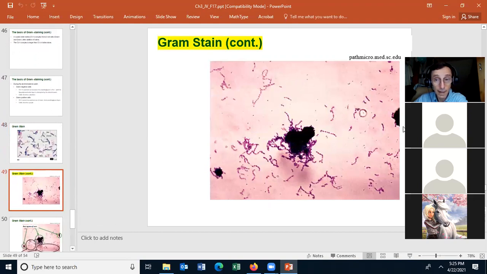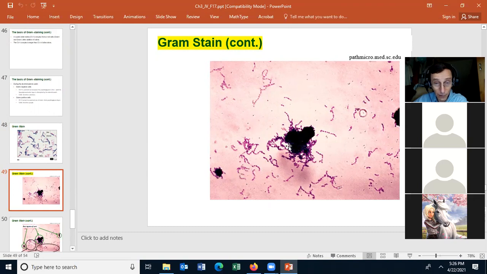The gram stain has some technical problems, like what do you do when you see a slide looking like this? What that is, is actually a crystal violet crystal, meaning when we have a crystal violet solution, unless it was freshly made, the crystal violet crystallizes over time.